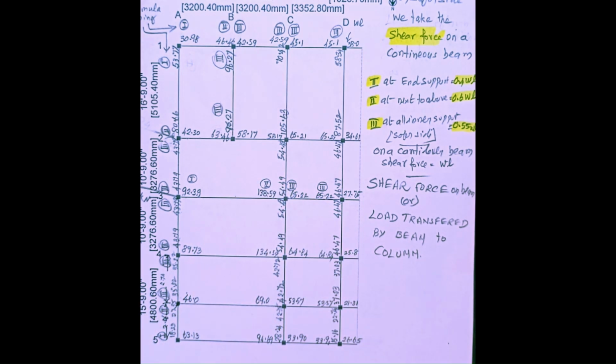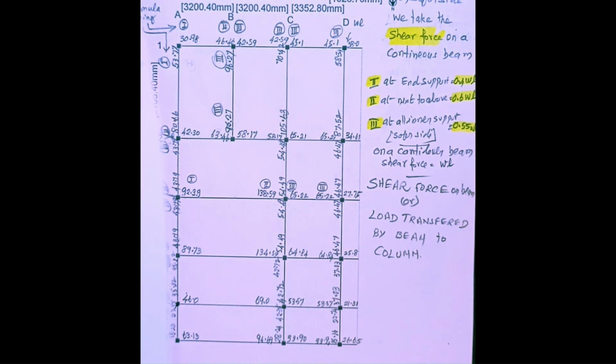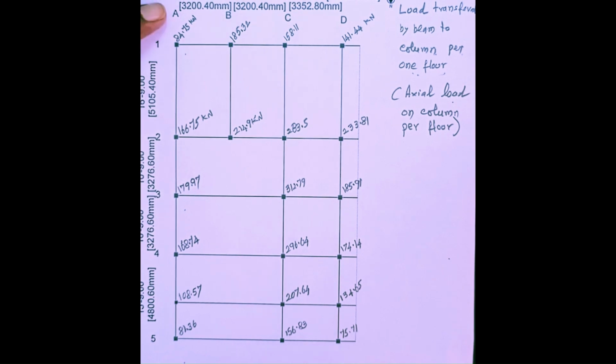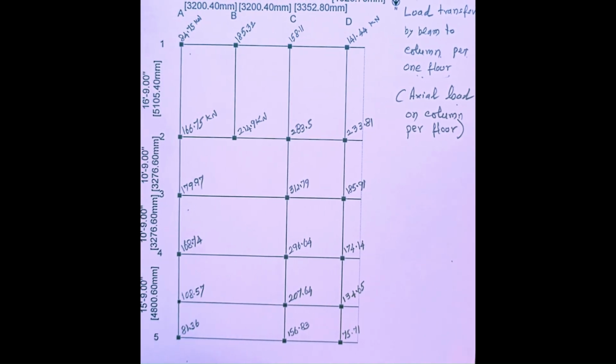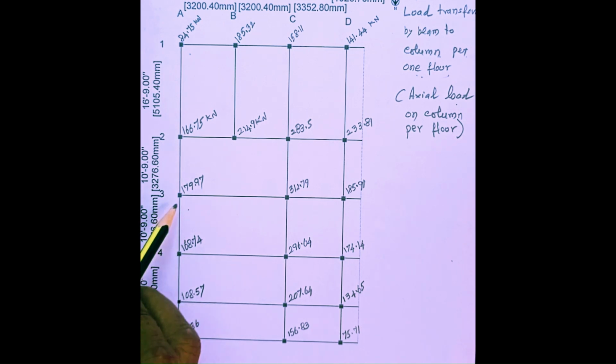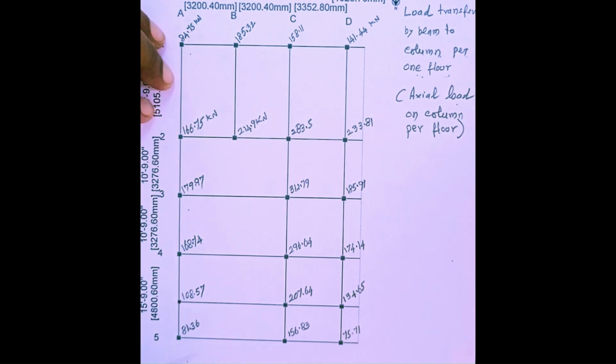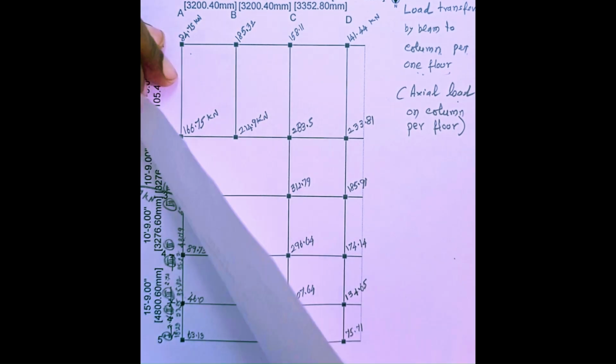Likewise, I have calculated all the loads transferred by the beam to the column in each floor. This we have already calculated. This column load is 179.97 kilonewton.